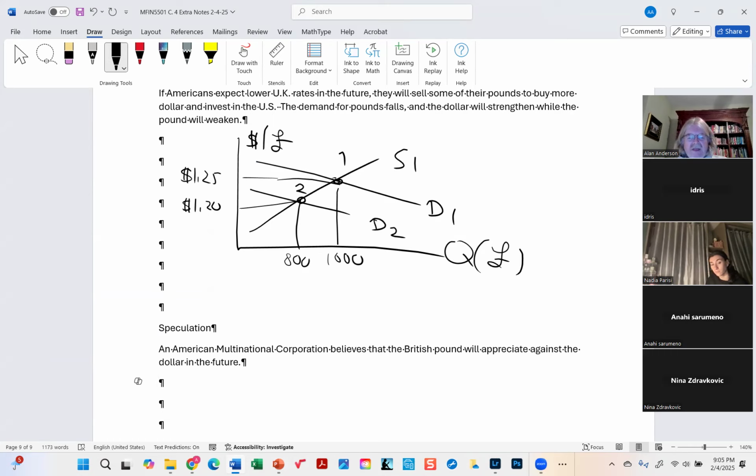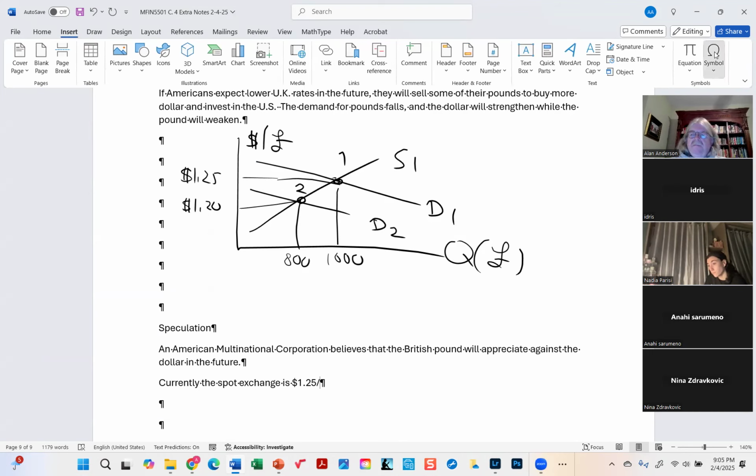Let's do some numbers. Let's say currently the spot exchange rate is $1.25 per pound. Suppose the corporation thinks that in 1 year, this will be, let's say, $1.15.